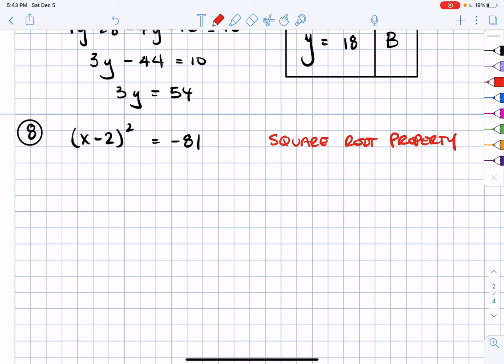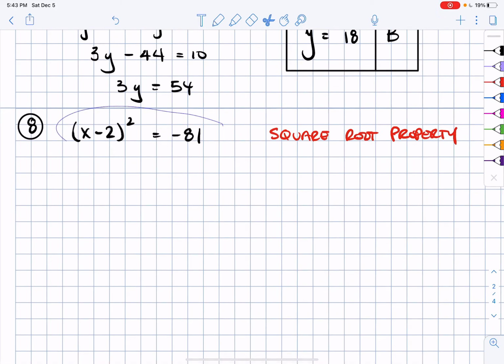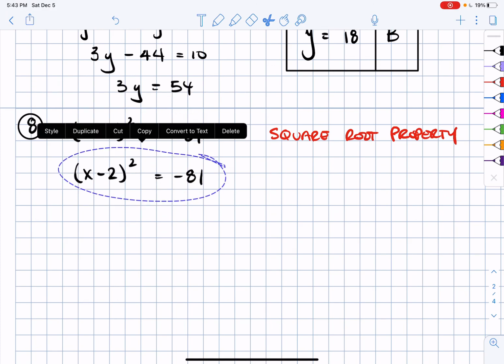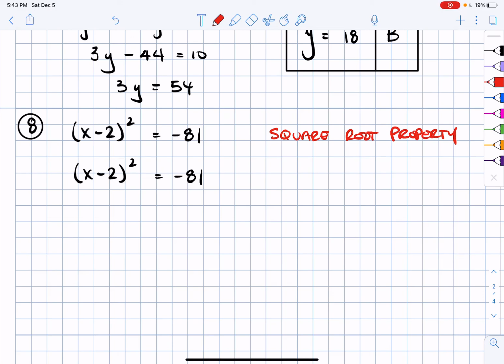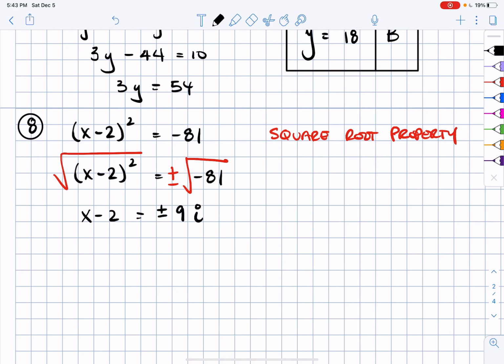The square root property is just saying, if you have a square by itself, take the square root of both sides. So all we're going to do is take the square root of both sides, but you've got to be careful, because when we take the square root, we need that plus and minus. So the left side is just going to be x - 2, and that's going to equal plus or minus 9i.